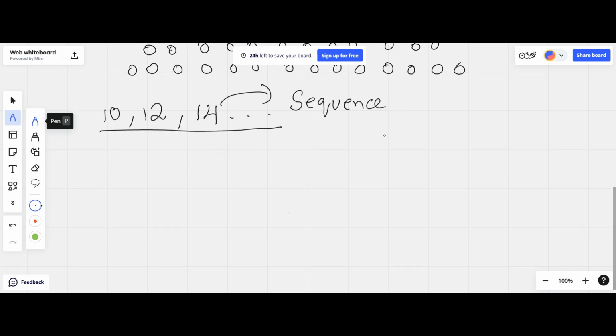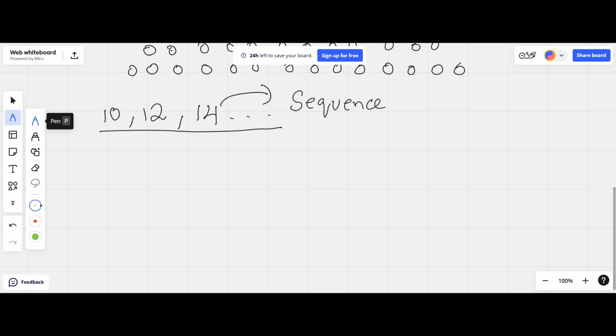There are many types of sequence. I will give you some examples. Arithmetic sequence is a type of sequence. There is geometric sequence, there is harmonic sequence, there is repeating sequence.